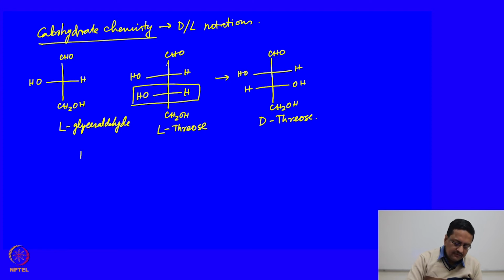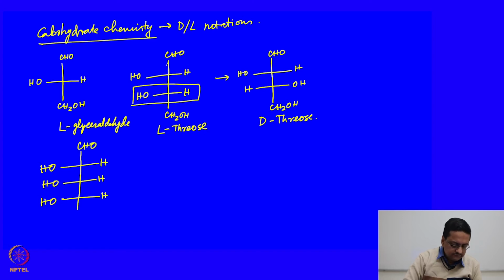Similarly, if you try to identify L-ribose, it would be this one. And the other isomer of this compound is D-arabinose, which is this one.